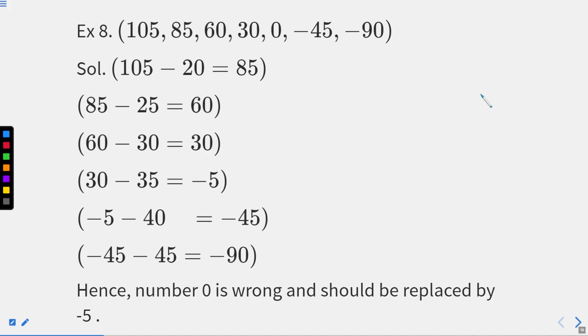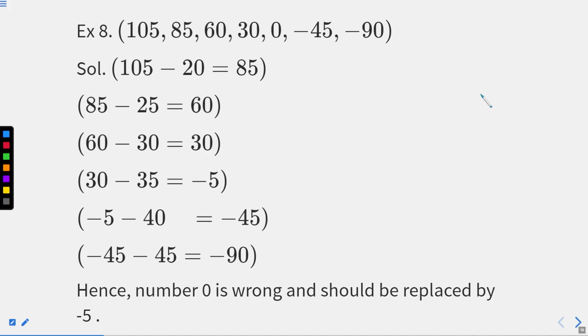And if I subtract 85 by 60, we are able to see a difference of 25. Then 60 to 30, the difference is 30. Then 30 to 0, the difference is supposed to be 35. So our correct answer should be minus 5 instead of 0. So here we are able to get our answer.